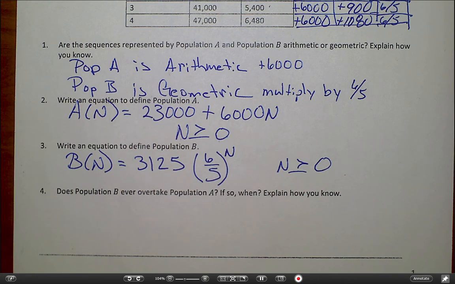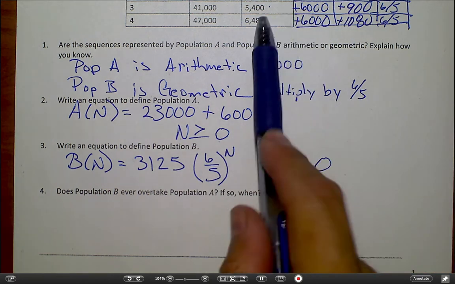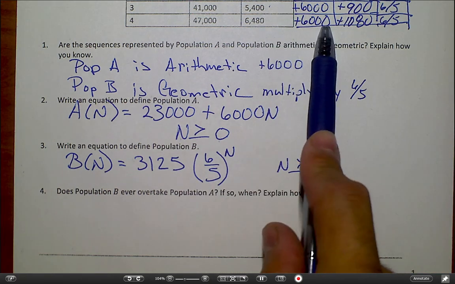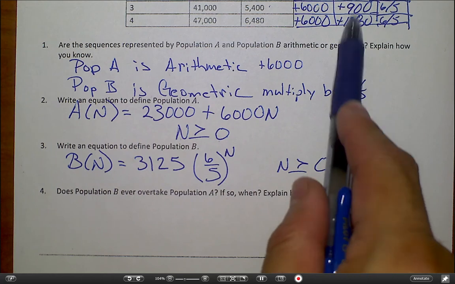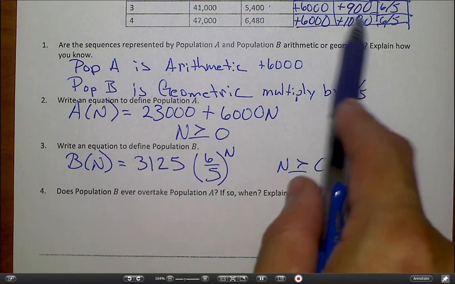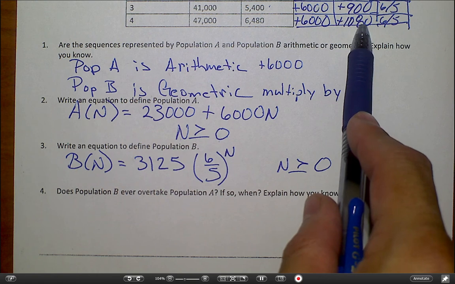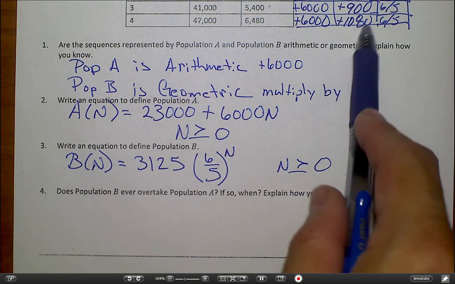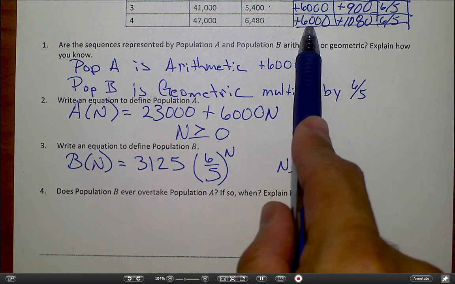Think about it. It's got a pretty good head start. This one's going up 6,000 every time, right? This one goes up an amount that's increasing every time. At a certain point, this rate is going to be more than 6,000, so it's eventually going to catch this.